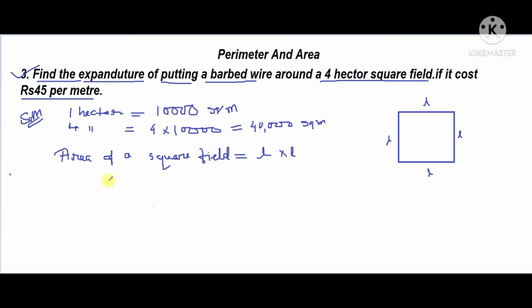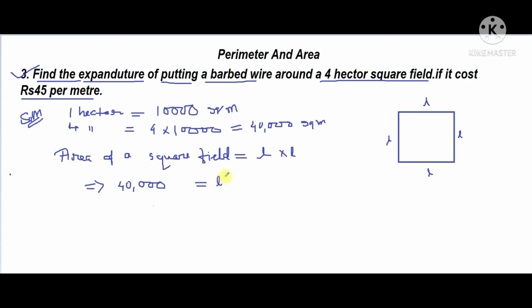So the area of the square field is 40,000 square meters, right? This is given in the question. So here we'll write 40,000.